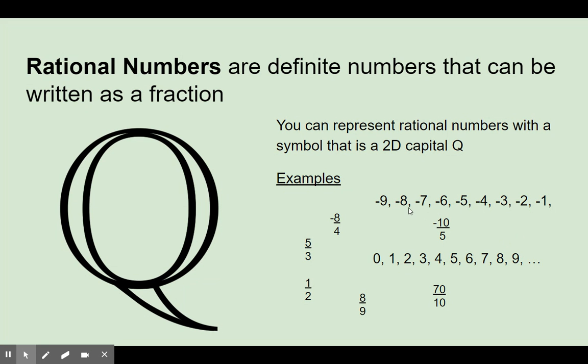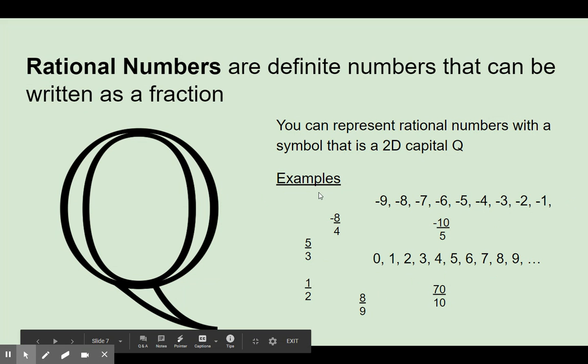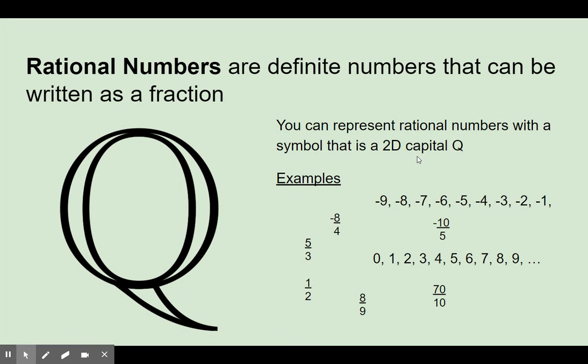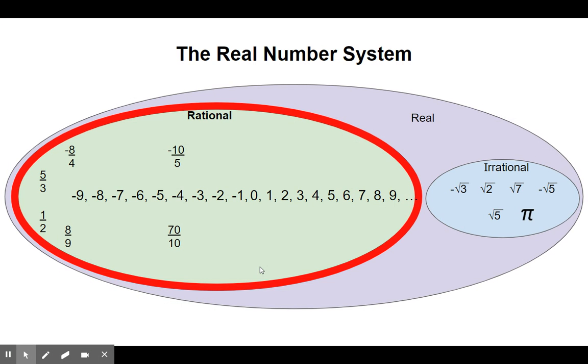I have more examples here, all right? We also have negative numbers. We can have positive numbers. It doesn't matter what it is. All of those are good examples. And then you can represent rational numbers with a capital 2D Q. So here's the Q. All right, and so those are rational numbers.